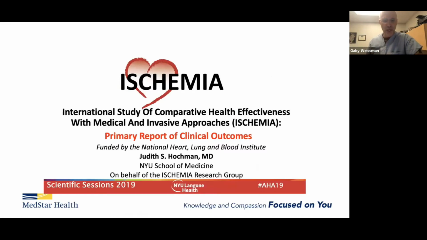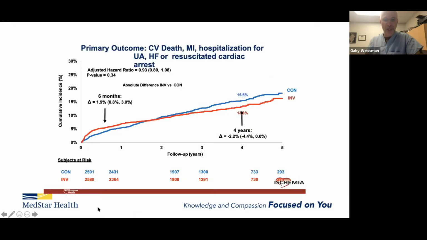And then a year or two ago, the ISCHEMIA trial came out. It was the largest trial looking at this, and it approached things from the following perspective. It took patients with ischemia, moderate ischemia at least, and randomized them to medical therapy versus intervention. There are some other steps along the way to do quality assurance and make sure we're not shortchanging patients of therapies they need, but that's the bottom line.